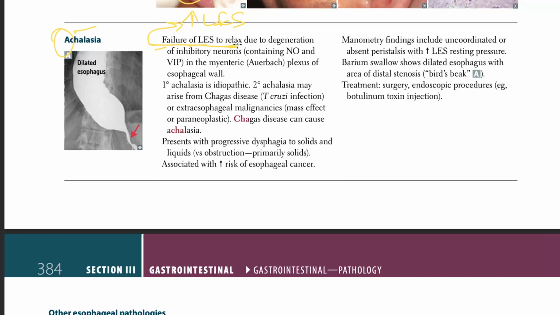Why do you have a failure of LES relaxation? Due to degeneration of the inhibitory neurons. What do they contain? Nitric oxide and VIP, in the myenteric plexus of the esophageal wall.